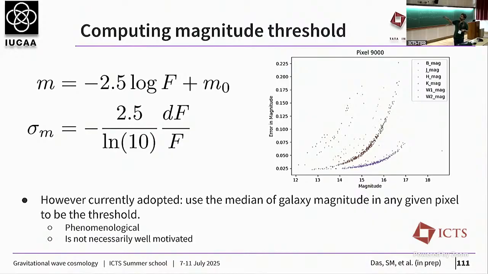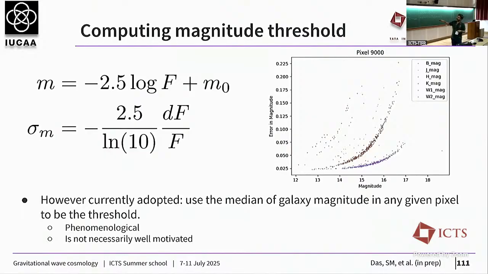So this m naught will cancel out because you use the same zero point. So when you take a dm, this will go away. Because you are taking a dm, this thing is a logarithm with respect to base 10. So it is ln of f divided by ln 10. That's this ln 10 here. And then ln of f, the derivative becomes df by f. Right? Okay?